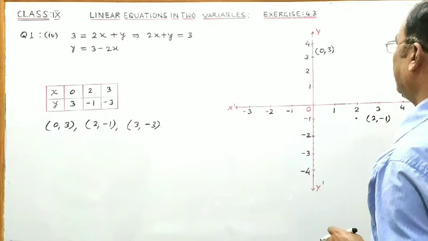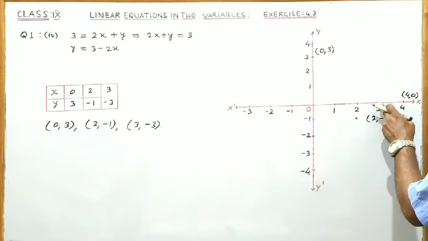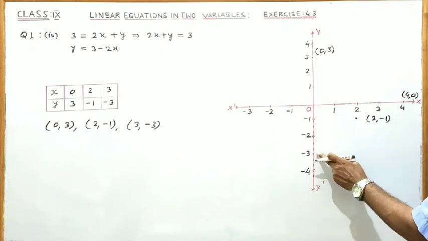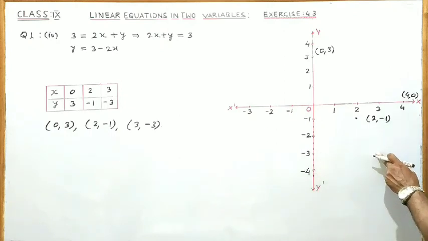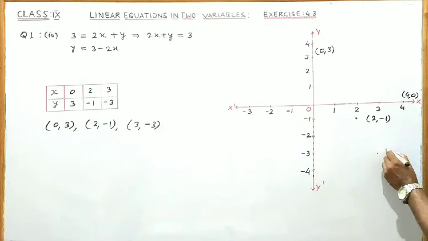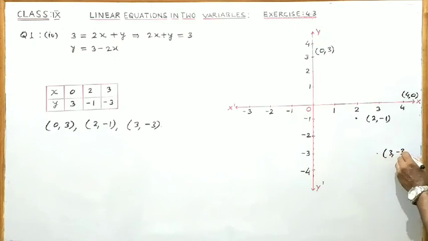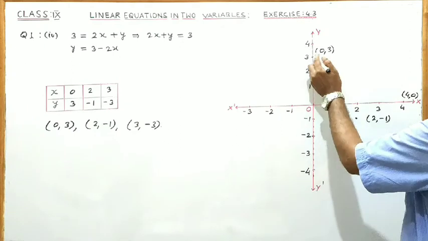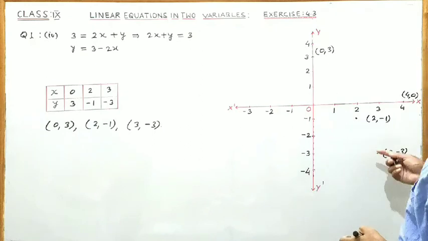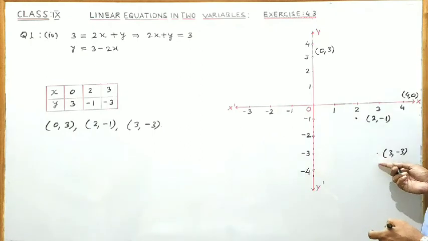Next point (3, minus 3). So this point is 3 on x-axis, minus 3 on y-axis. So it is going to be this point on the graph paper, x equal to 3, y equal to minus 3. So this way we have plotted these 3 points (0, 3), (2, minus 1) and (3, minus 3).